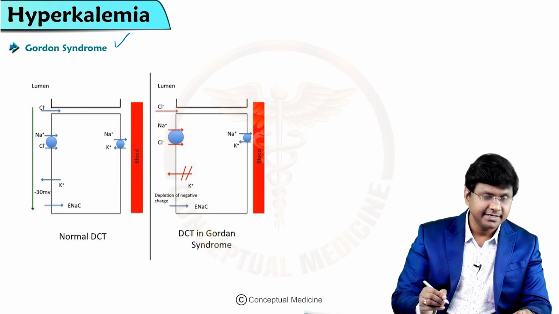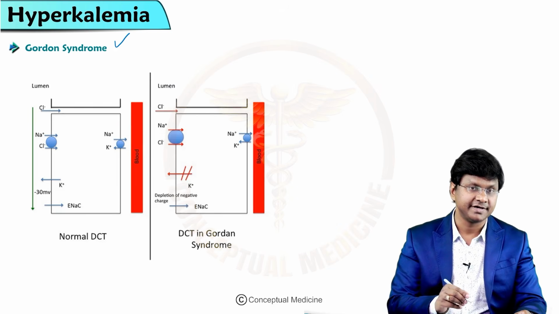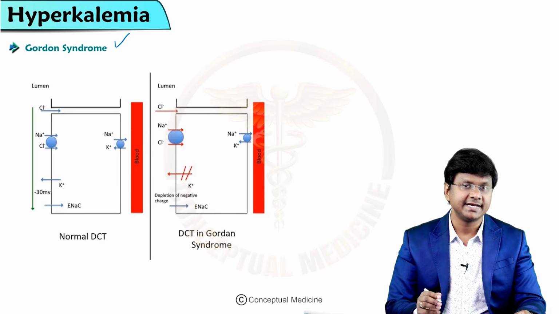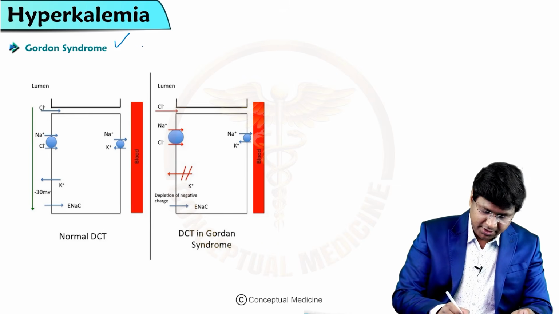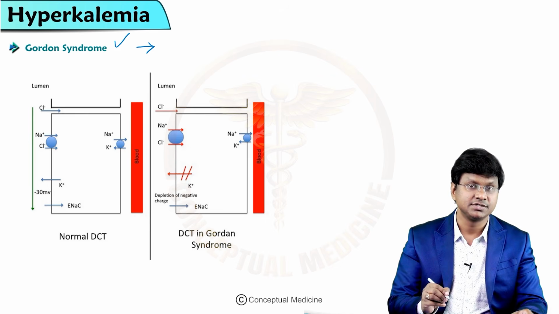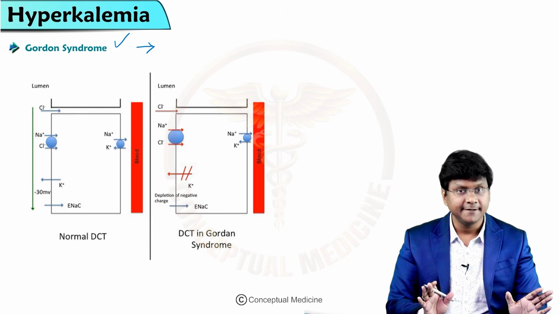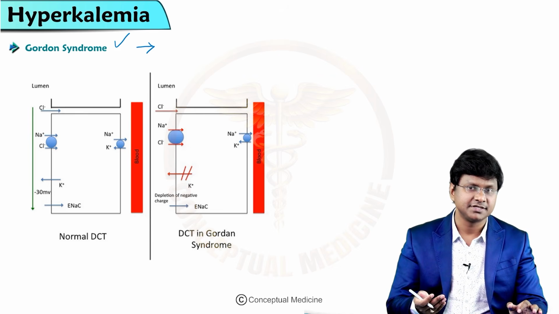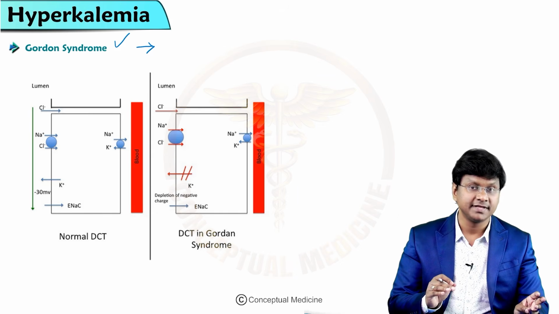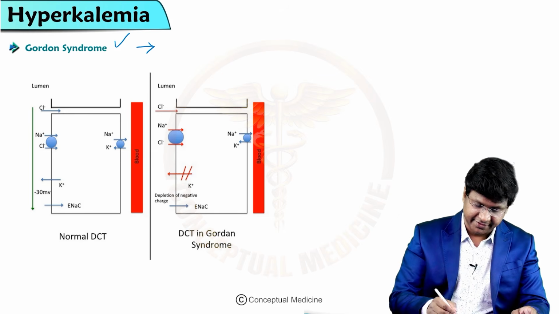Then another important clinical scenario where you can have hyperkalemia is Gordon syndrome. Now what exactly happens in Gordon syndrome? Gordon syndrome is an inherited disorder that affects the kidney, and the clinical presentation in these individuals is that the joints of the upper and lower limb are affected.